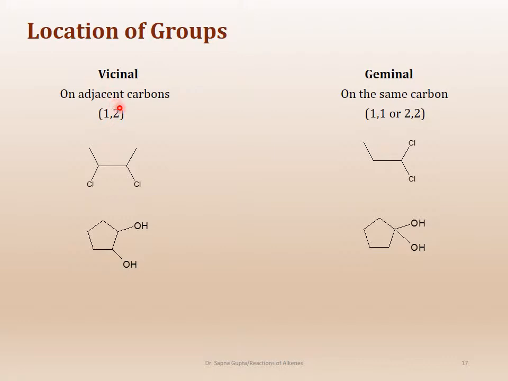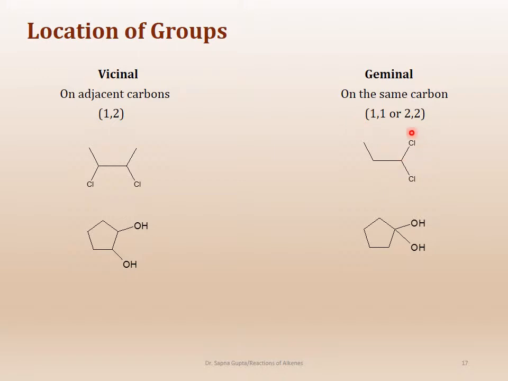So vicinal additions, the 1,2 additions, will always appear like this, where you have the 2 groups that are attaching, and they are on adjacent carbons. Vicinal, vicinity, remember that, okay? So here we had the chlorine addition, the halogenation that we did, that was a vicinal addition. The diol formation is also a vicinal addition, okay? The geminal is when you get the addition on the same carbon.